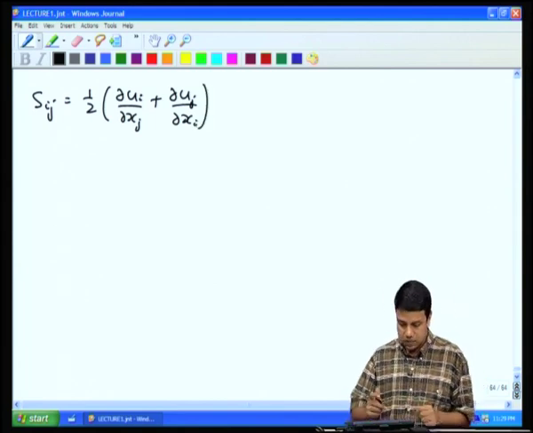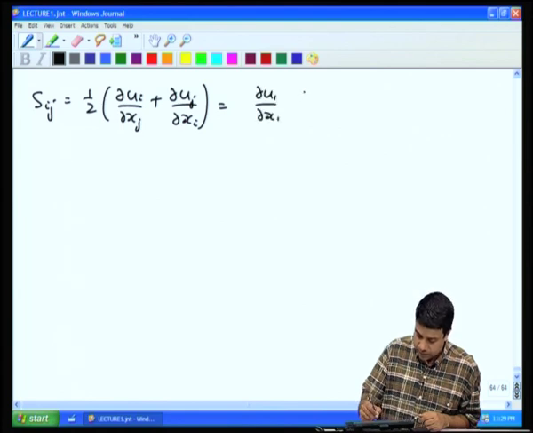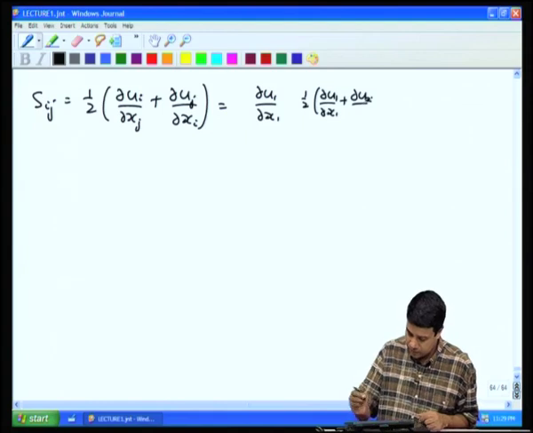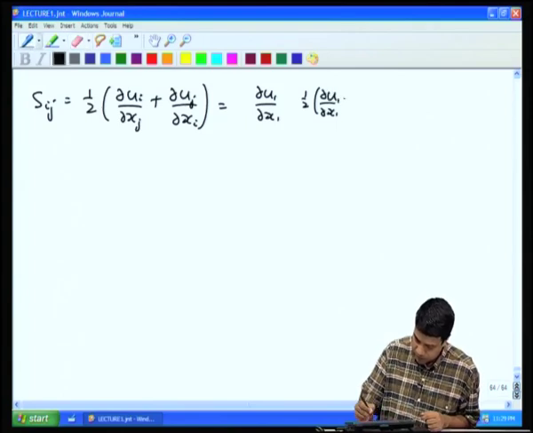So, this has components partial u 1 by partial x 2.